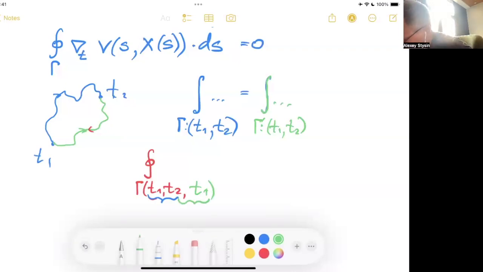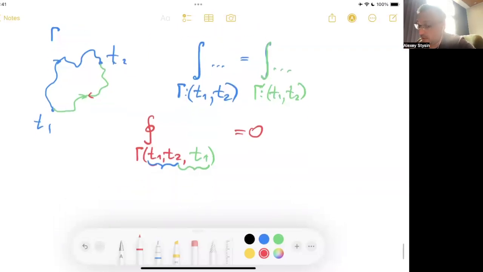This integral is going to be equal to 0. And because reversing the direction just flips the sign of the integral, we end up concluding that those two integrals are actually equal. And we can write it as j of gamma equals j of gamma prime.